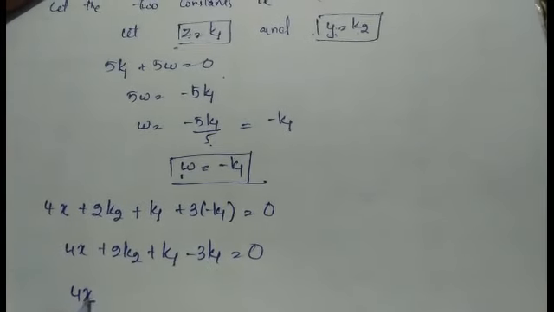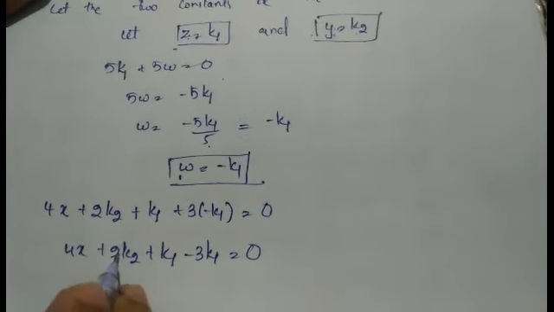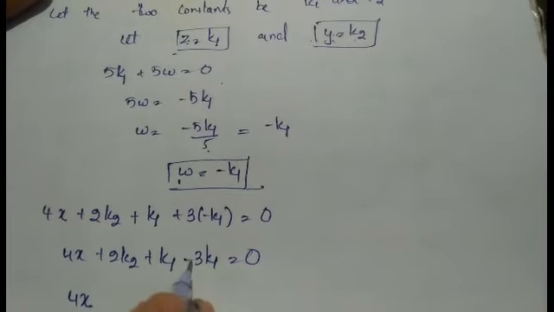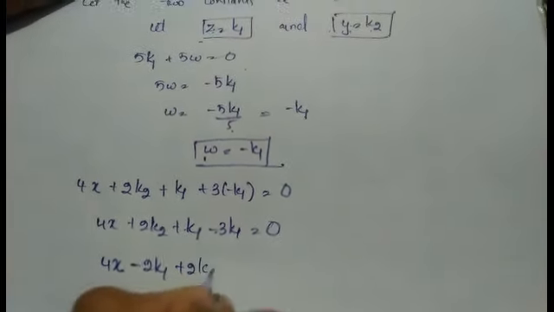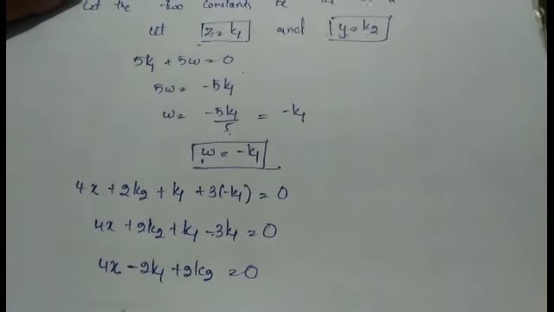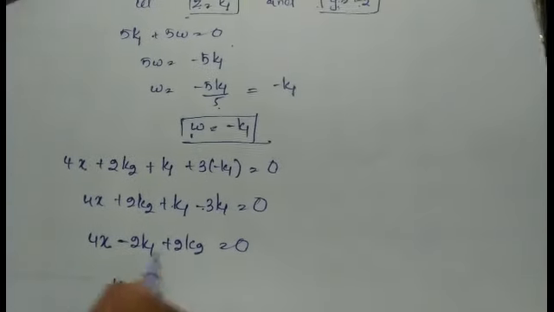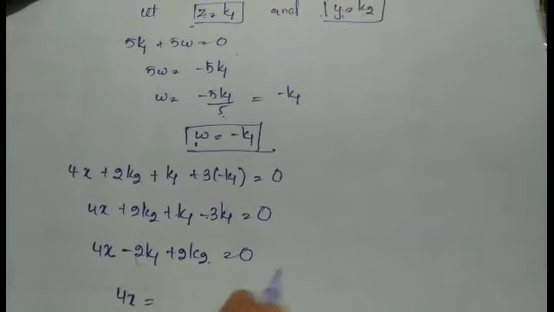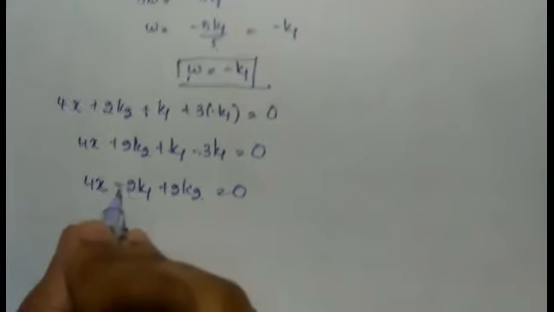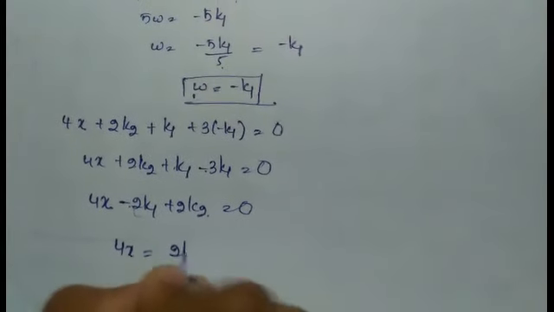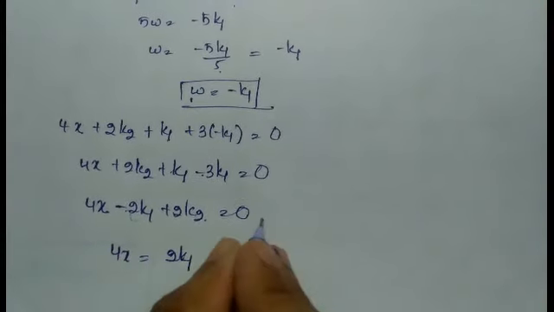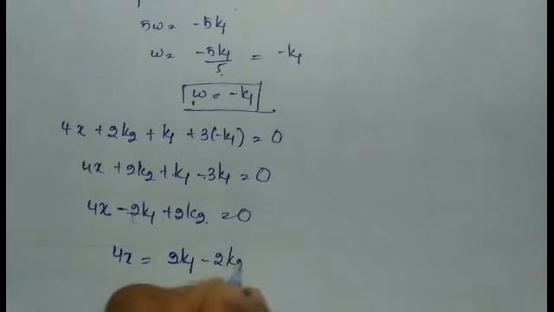Then 4x minus 3k1 plus k1, that is minus 2k1, and plus 2k2 is equal to 0. Then 4x is equal to, sending these two terms to the right hand side, minus 2k1 becomes 2k1, and plus 2k2 becomes minus 2k2.